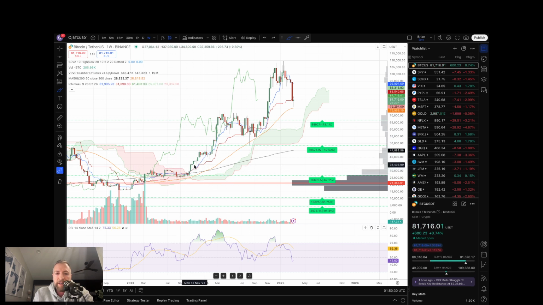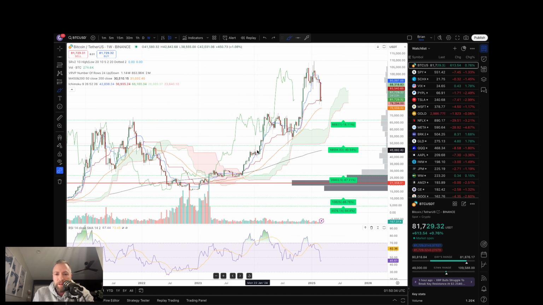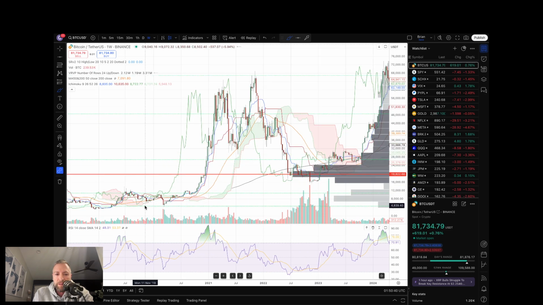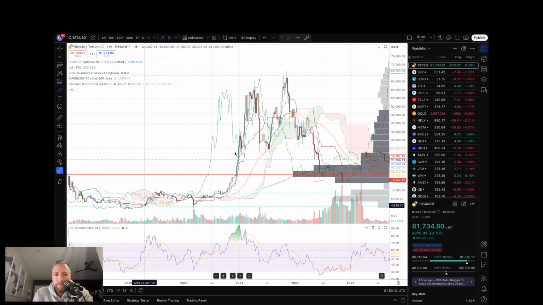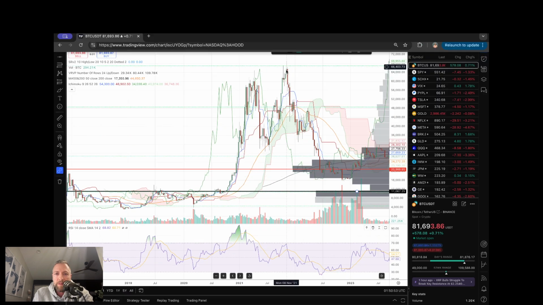Anytime the stock price, the candles are above this green Ichimoku Cloud, you're in a bullish trend. So you can see down here, stock price was kind of consolidating. This is Bitcoin right here.